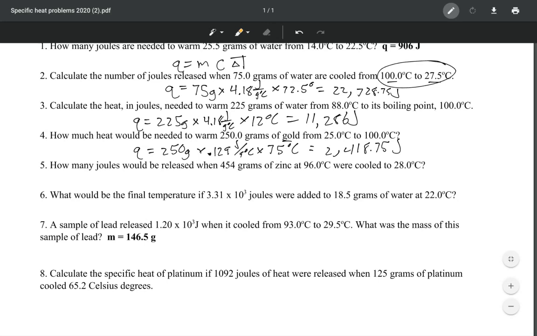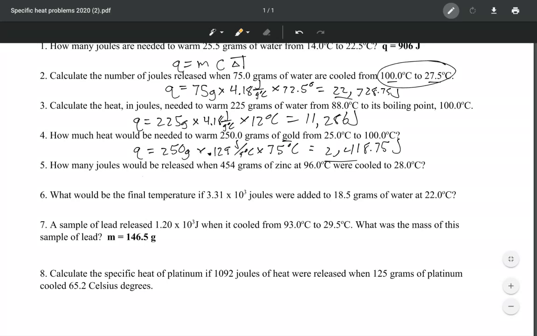Which is interesting because in problem number 4, we're heating up a lot more gold by an even greater temperature amount than we did the water in problem 2. And it only took a small fraction of the amount of heat, 2,000 joules versus 22,000 joules. And that's because the specific heat of gold is so much less.